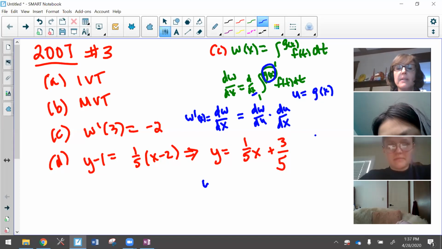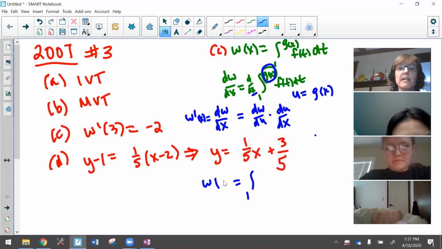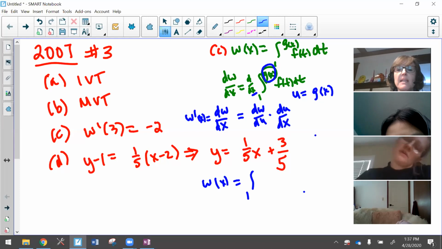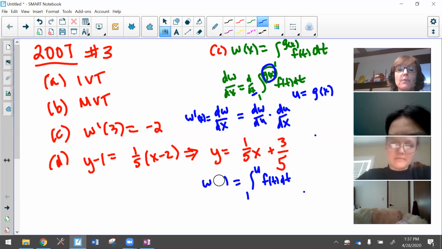So I'm going to come down here. I'm going to leave it as w is going to be the integral from 1 to u of f of t dt. And in fact, let's just call that w for the moment.